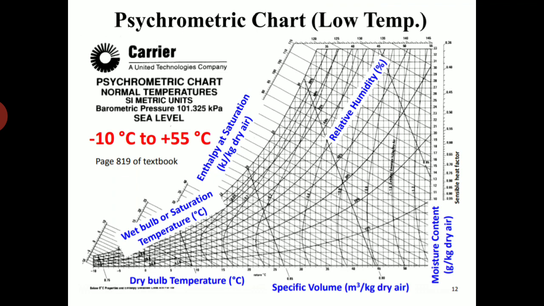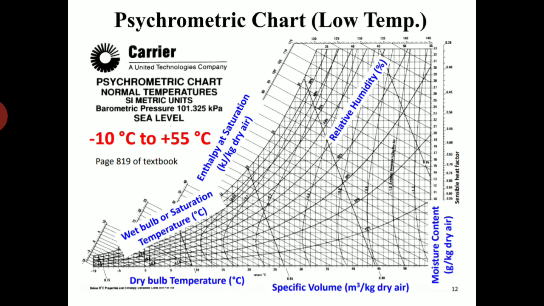You can see the psychrometric chart is from minus 10 degrees Celsius to 55 degrees Celsius. The x-axis is for dry bulb temperature, in blue letters, from minus 10 degrees Celsius up to 55 degrees Celsius.